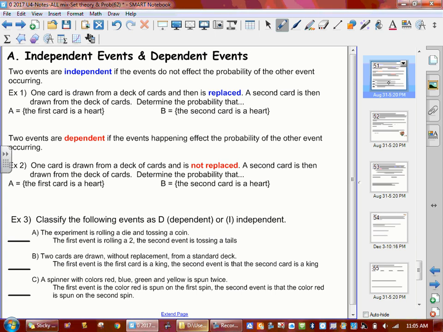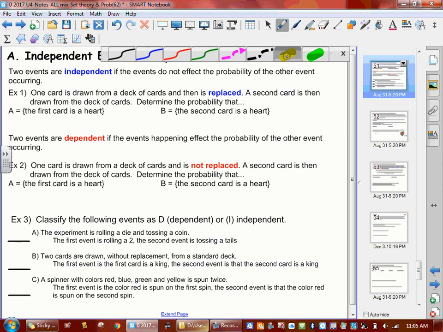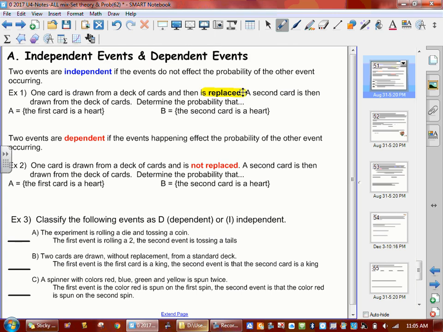If something does not affect something else, that's an independent event. We have our first example here, and this is a keyword that you will see for independent events, and that's replaced. So independent events match replaced.